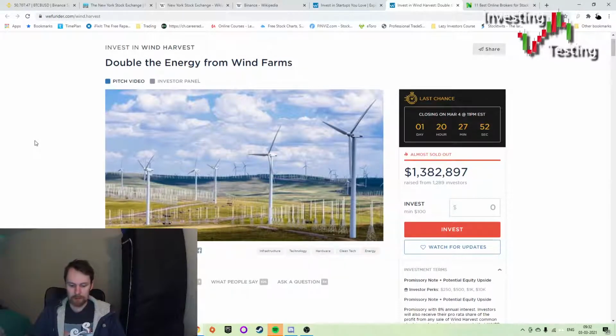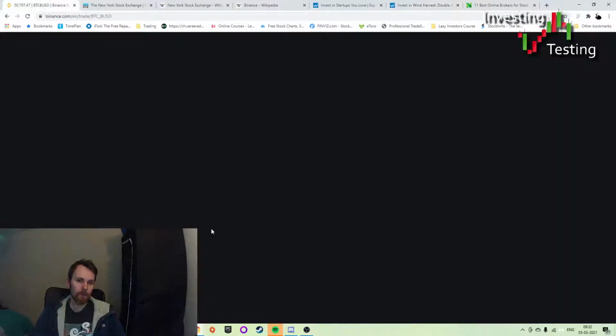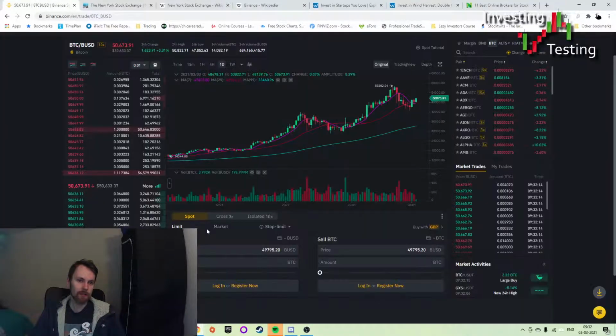We had a look at Binance. We understand that Binance is an exchange, but I haven't really gone into details. Binance is absolutely fascinating. If you want to read up more on it, you certainly can. We don't necessarily need to know all about the fact that it's decentralized.